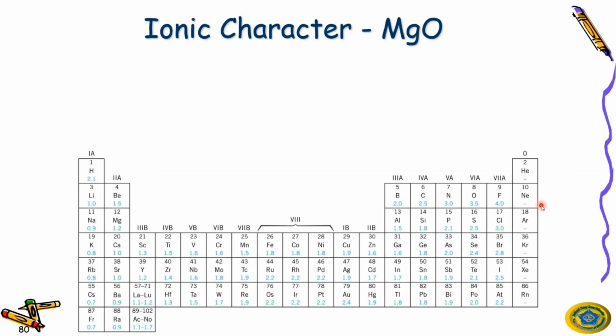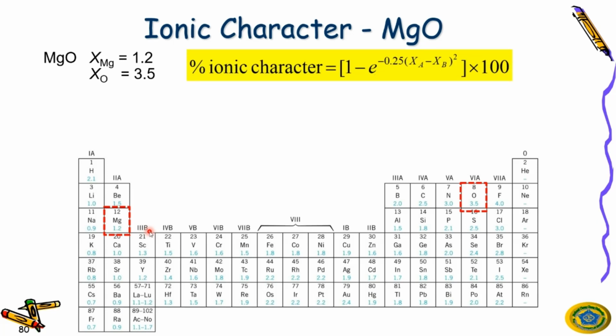So let me make an example for you. Magnesium oxide. If we take a look at the electronegativity numbers, magnesium is 1.2, and oxygen is 3.5. So let's use this equation and put these numbers into chi A and chi B here, and you will get an answer.